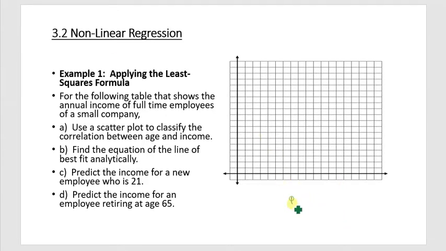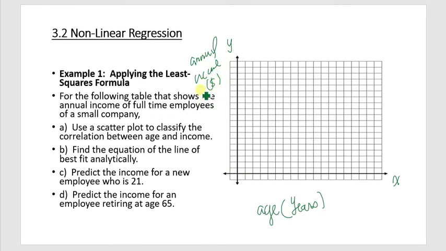So this is going to be years along the x-axis, and along the y-axis is going to be annual income, with the age in years and the annual income in dollars.